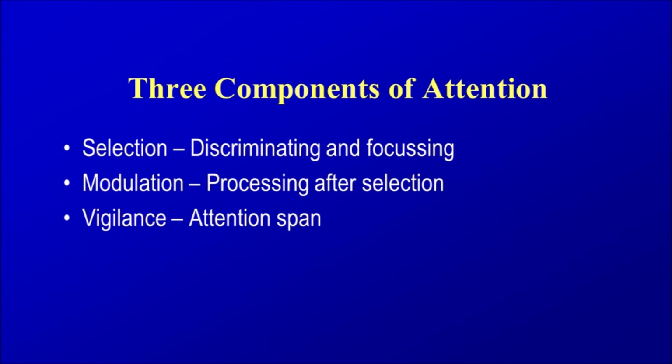First is selection. We discriminate and focus on something. Then we lead to the process, so that is called modulation. It means how fast or how slow the selective attention is being processed. And the third part is vigilance. It is about attention span, how long you can hold this in your attention.